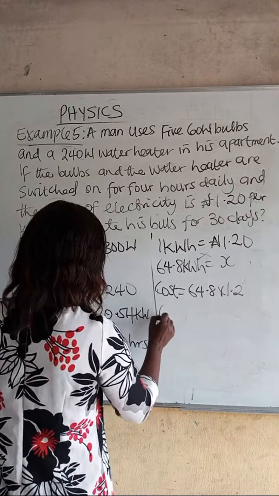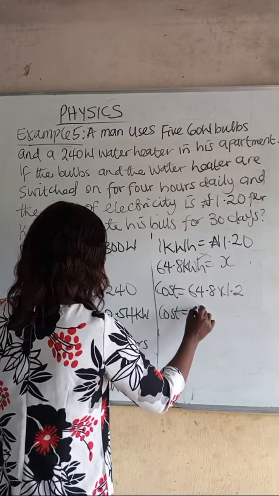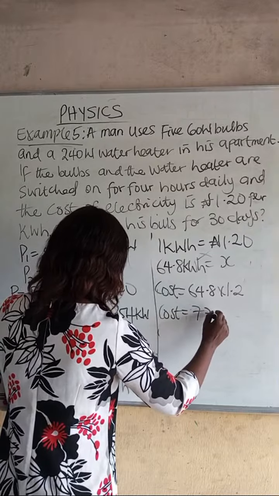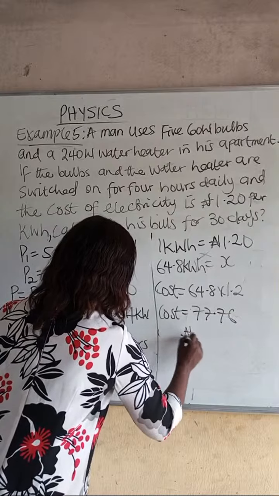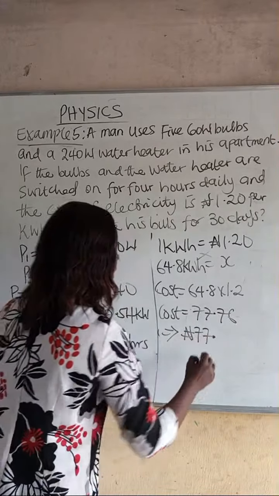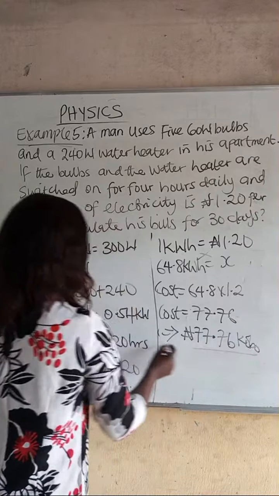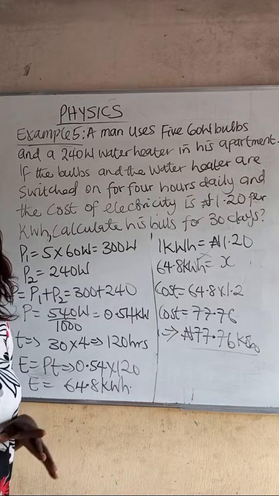So my cost is equal to 77.76. That is 77 naira 76 kobo. So this man's bill for 30 days is 77 naira 76 kobo.